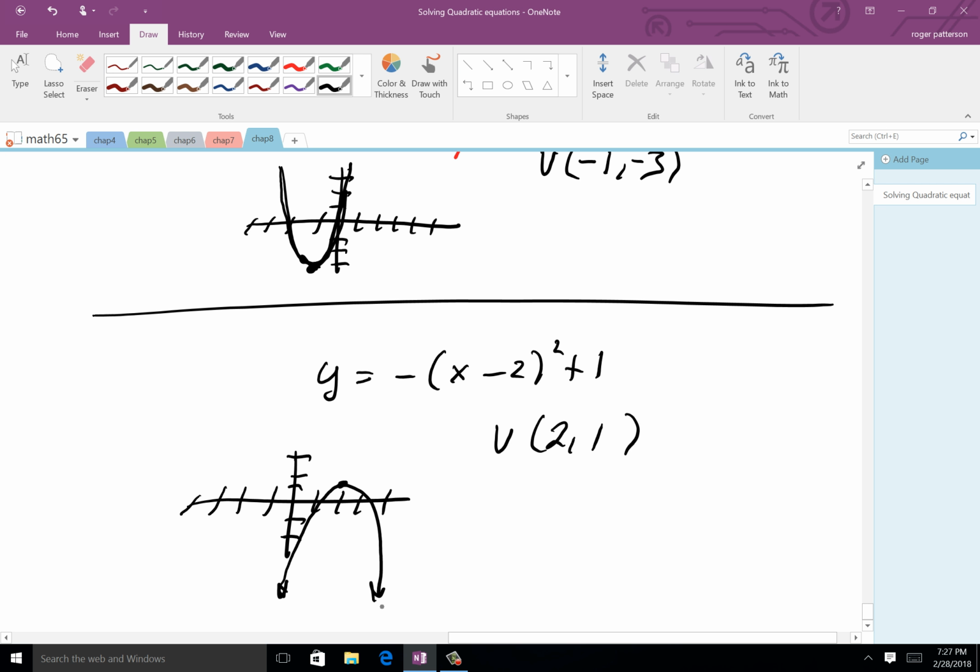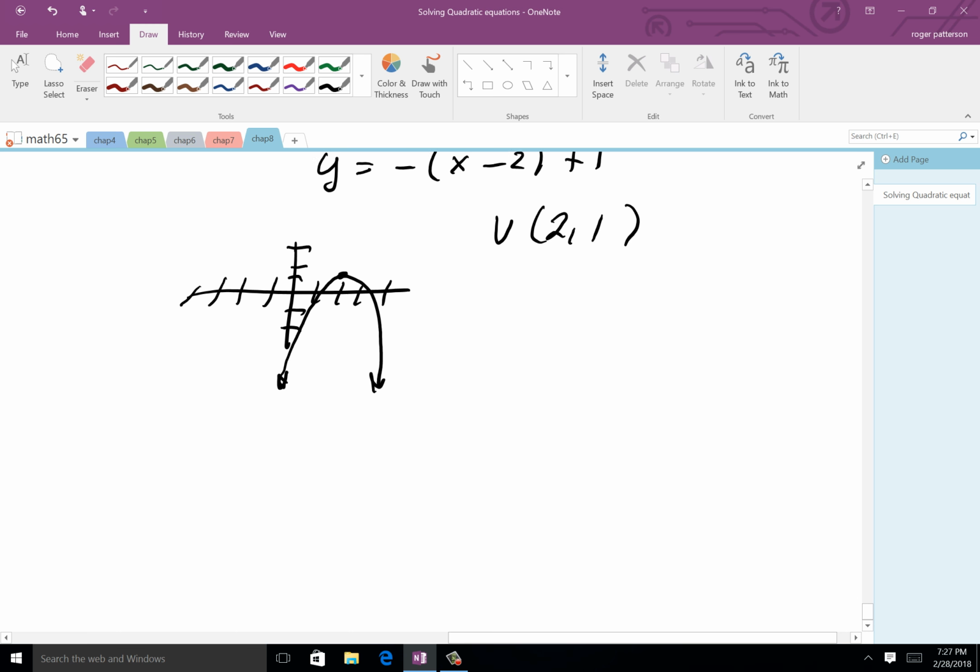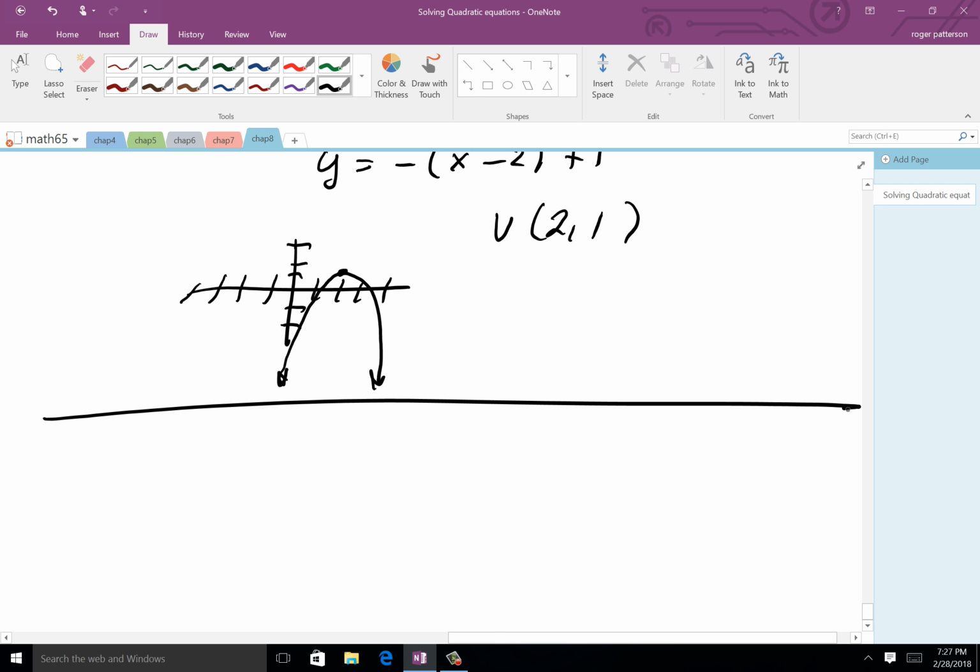So the other form that we had, not the general form, but this one, is called the factor or the intercept form.